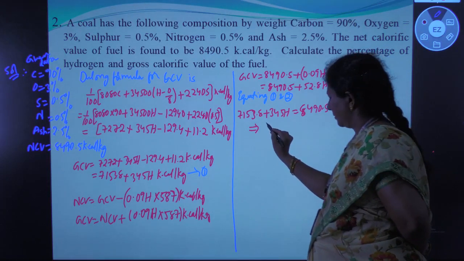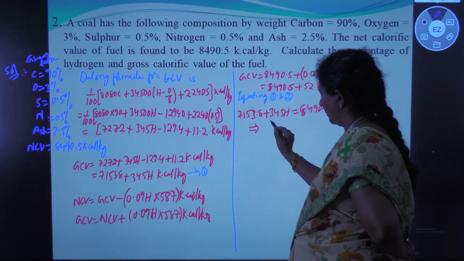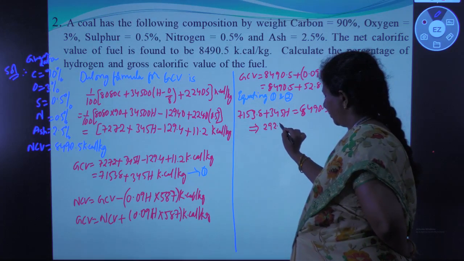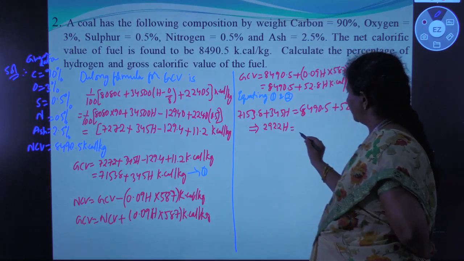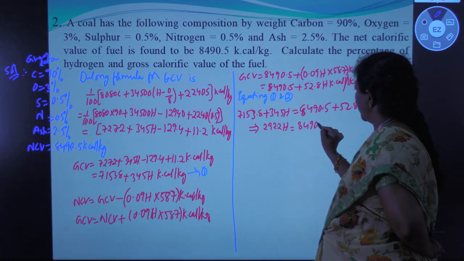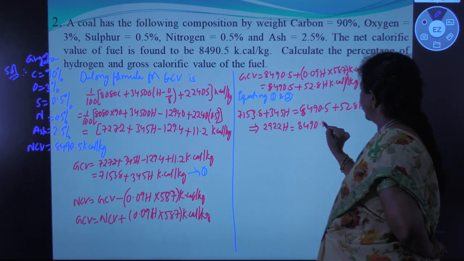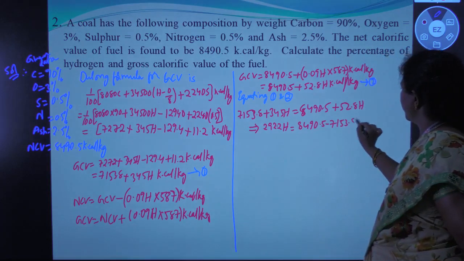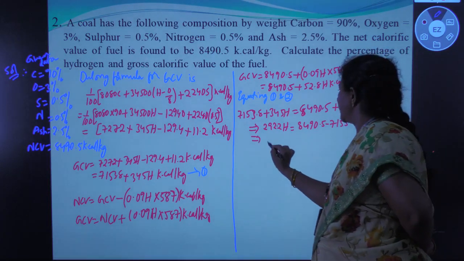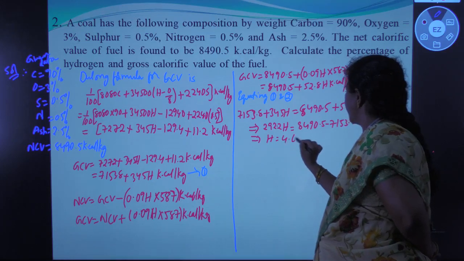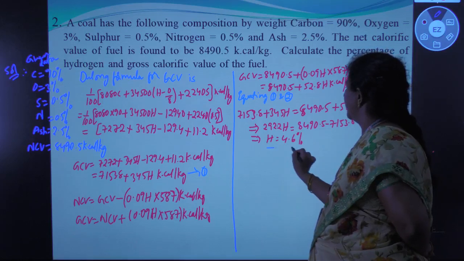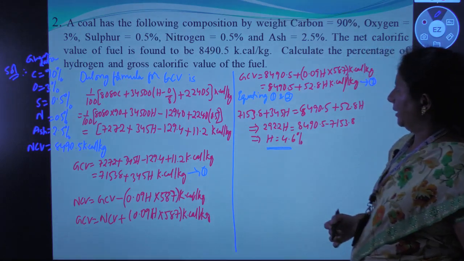From this, 292.2 hydrogen is equal to 8,490.5 minus 7,153.8. From this, hydrogen value is equal to 4.6%. So this is the percentage of hydrogen.